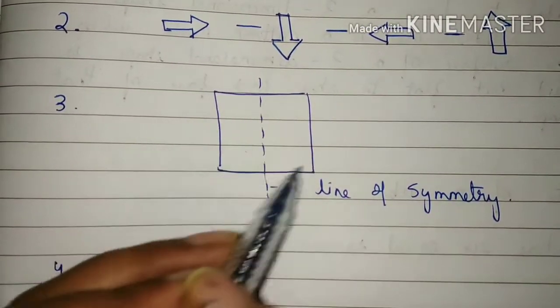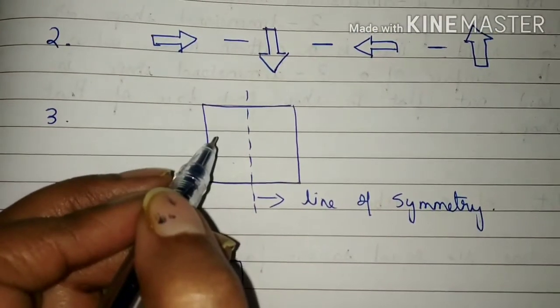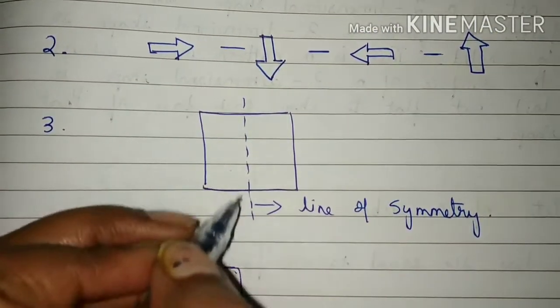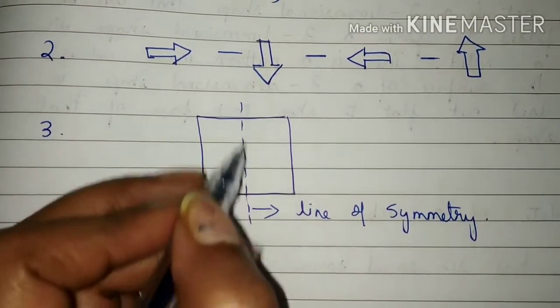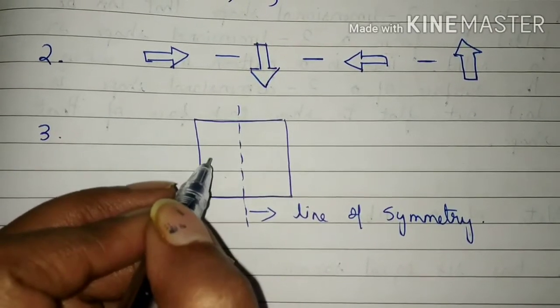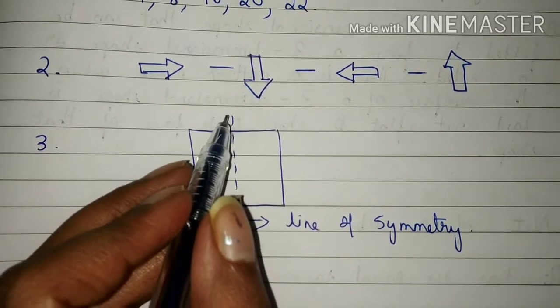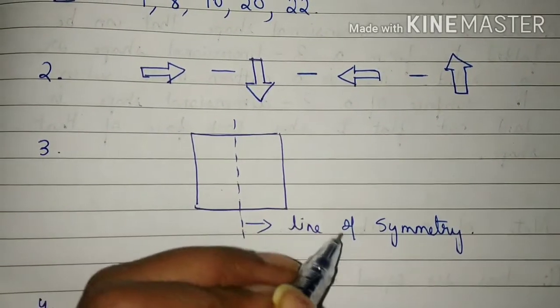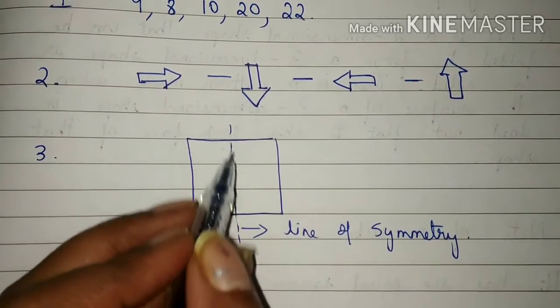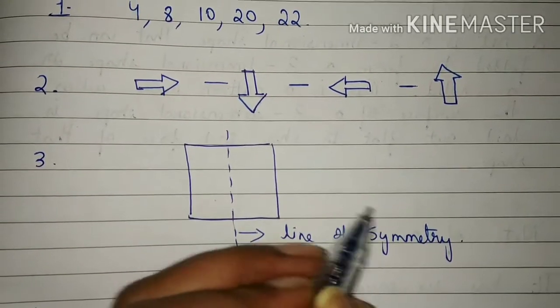Students, look at this figure. Now students, if you draw a line like this, now you can see that this line divides the figure into two equal parts. So this line is known as line of symmetry. Why is this line known as line of symmetry?